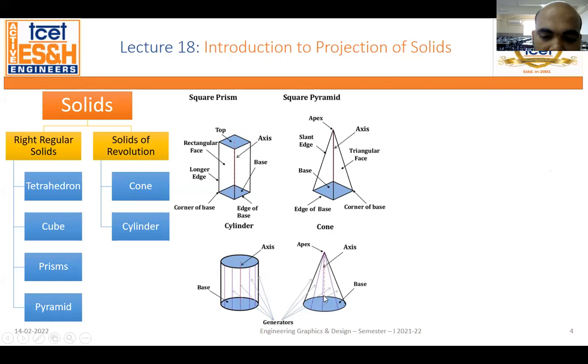This is the axis which is forming from the center. Now, when you see a cylinder, the axis will always be vertical. Axis is from the center of the square till the apex, right? Yes, correct.